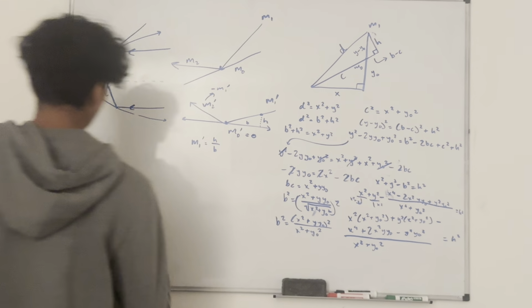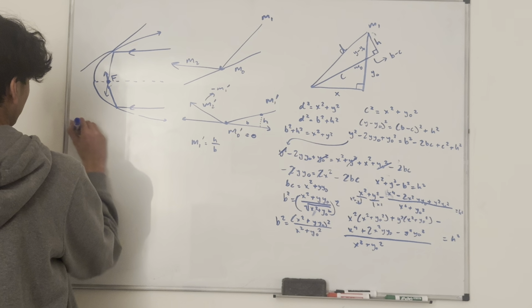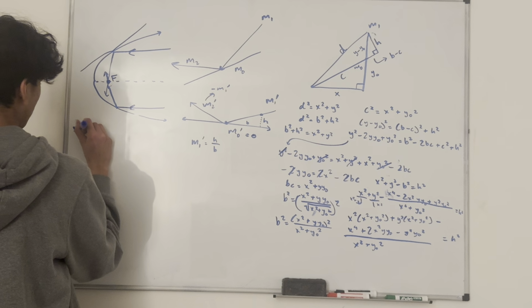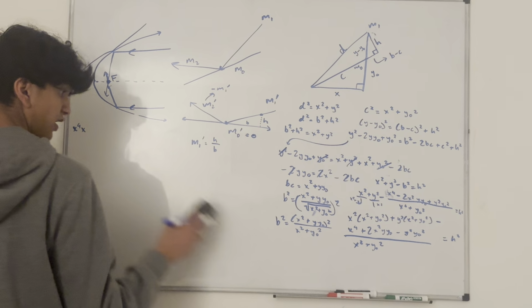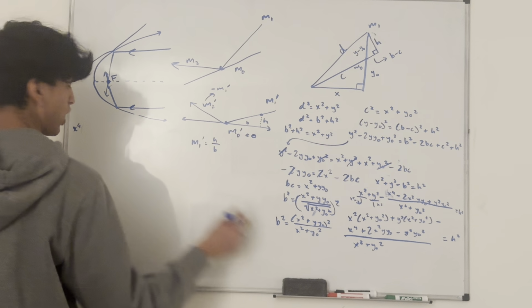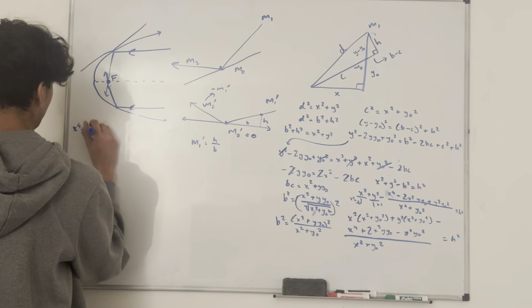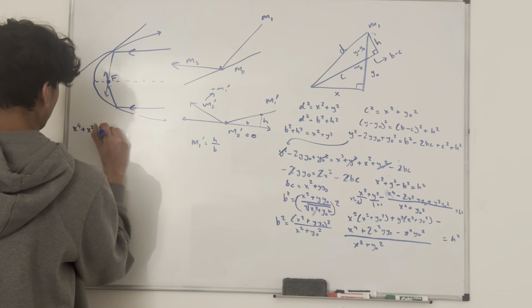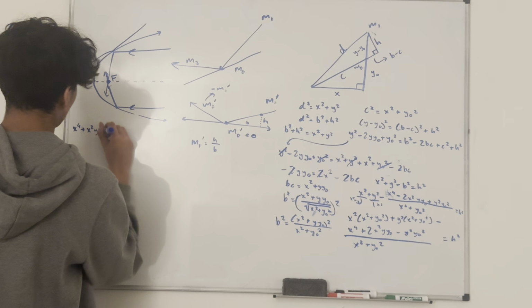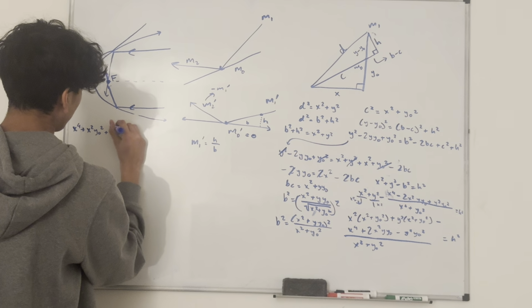Let's distribute everything. I get x to the fourth times x plus x squared y initial squared plus x squared y squared.